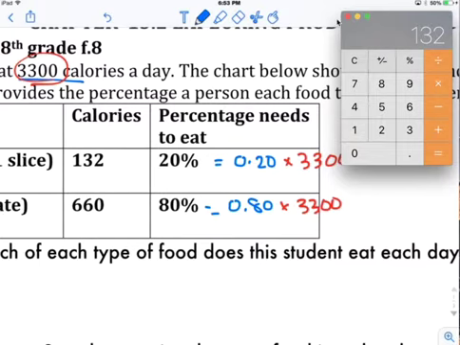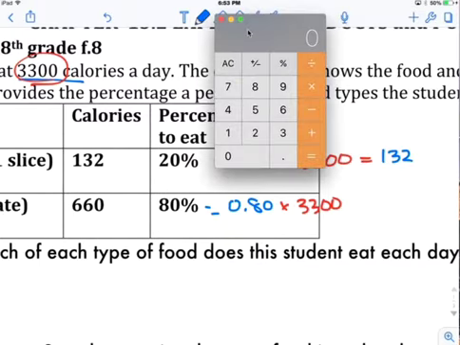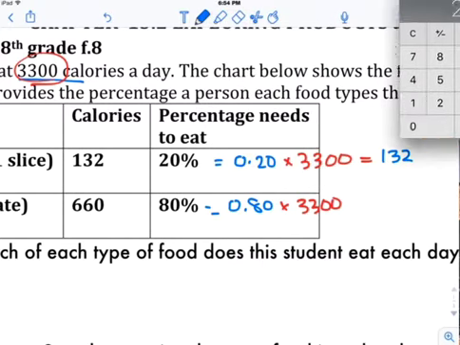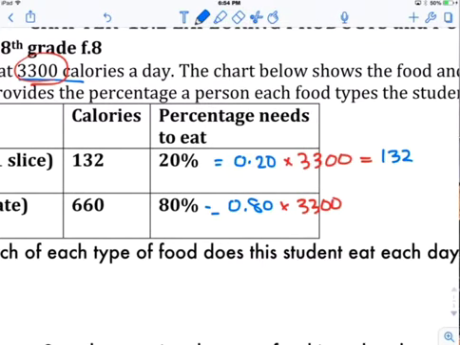If it's 20%, and the other one right there is 0.8 times 3,300, that equals 2,640.